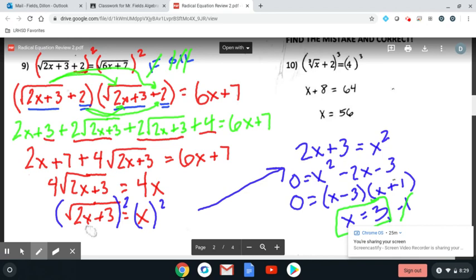Okay, I did tell you guys you didn't have to do number 10. You could have skipped it. If you wanted to do number 10, though, just to go over this really quickly, the mistake is actually made in this first step right here. You're not allowed to right away take the third root of both sides.